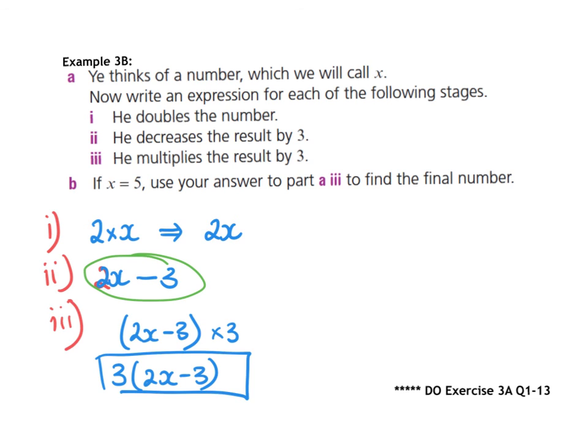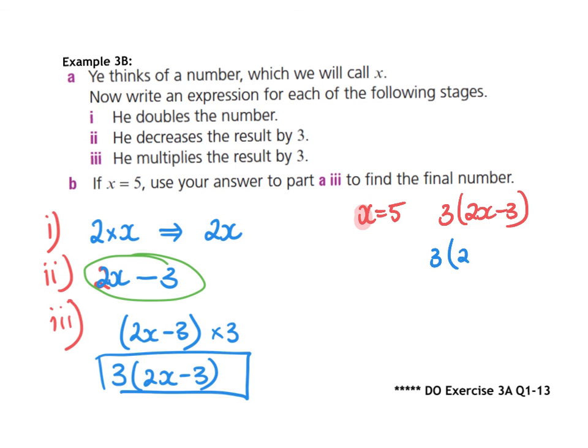Okay, now it says in B, if X is 5, use your answer in part A3 to find the number. So we've got X equals 5, and we've got this expression. So we want to substitute in.